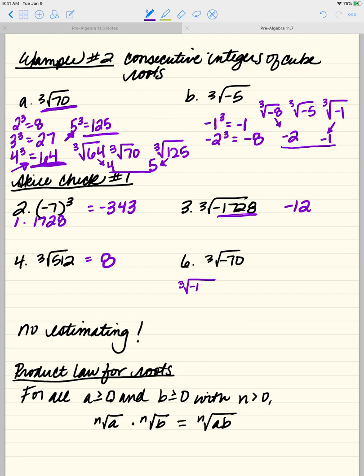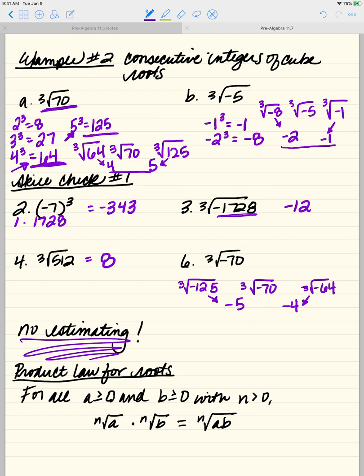So the cube root of negative 70 is between negative 125 and negative 64, which means the cube root of negative 70 lies between consecutive integers negative 5 and negative 4, okay? No estimating, all right?